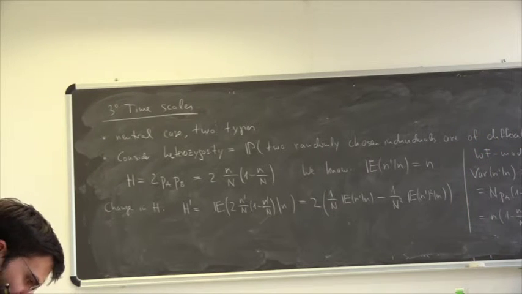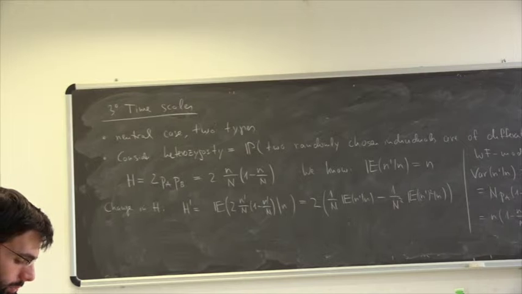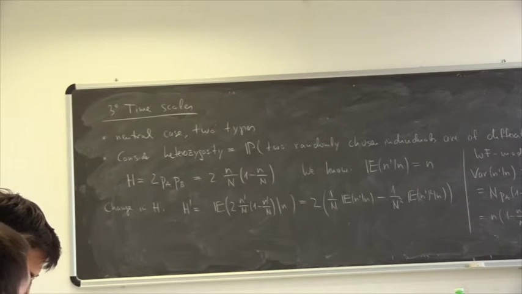Okay, so this is the variance of n prime, and from this you can calculate the expected value of n prime squared.